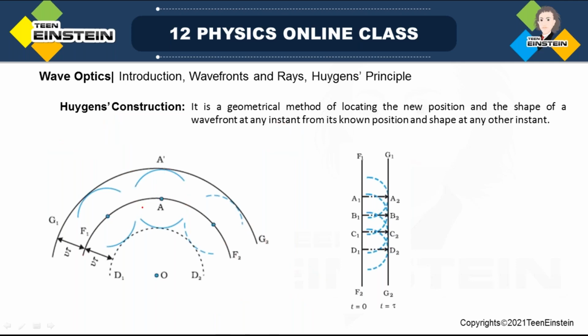So this is what has been done over here also. Look here, this F1, F2 is the position initially. Now each point acts as a source of secondary waves.